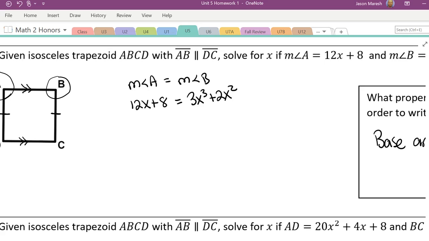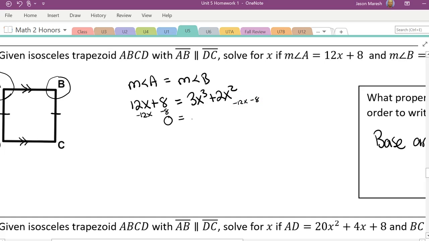So on the first step, make one side equal to 0. This time I'm going to make the left side equal to 0 because I have my positive 3x cubed. My highest power term is on the right side, and it's already starting with a positive, so I'm going to leave that there. And I'm going to make my left side equal to 0 by subtracting 12x and subtracting 8 from both sides.